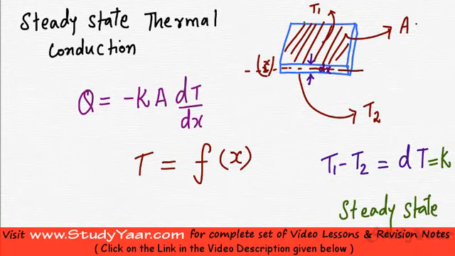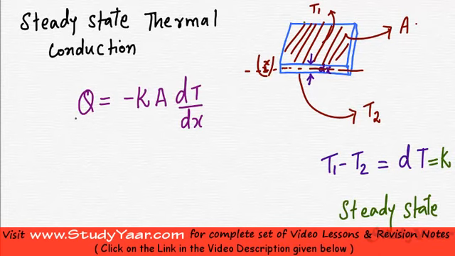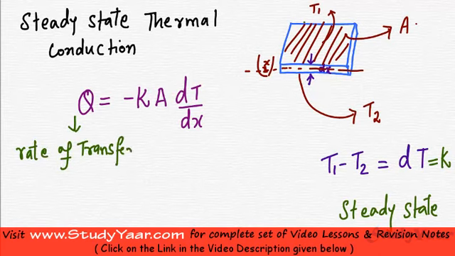So in this particular equation, your Q is the rate of transfer of heat. It is going to be a constant quantity, expressed in calories per second.